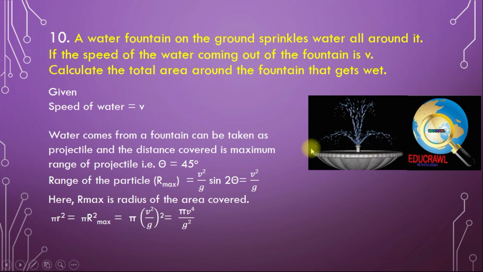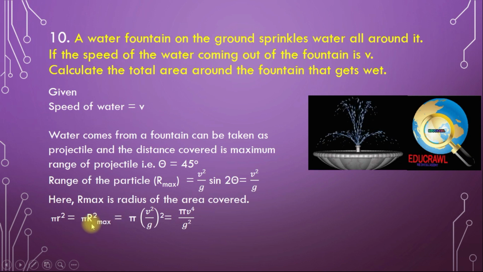It will be just in a circle. If you see the diagram below, one circle is given. The circle area, you know the formula as pi r squared. Small r is the radius of the circle formed. But this should be the maximum range, so small r is replaced by capital R max.